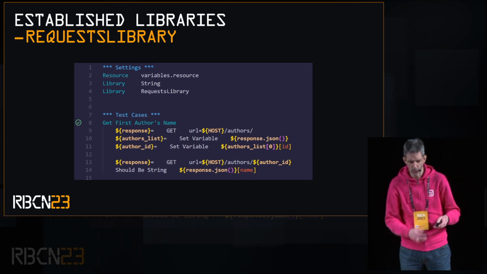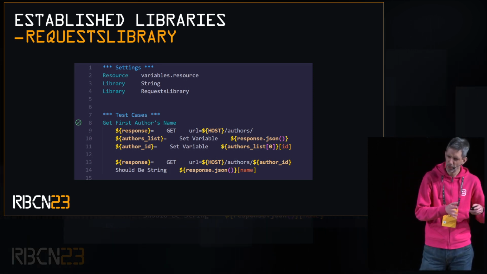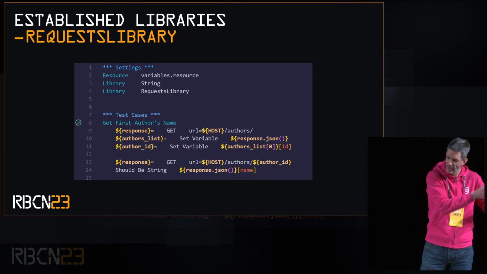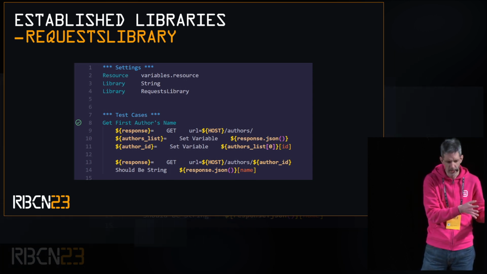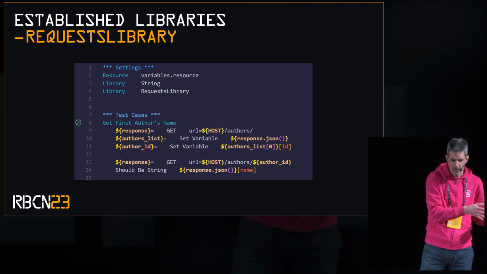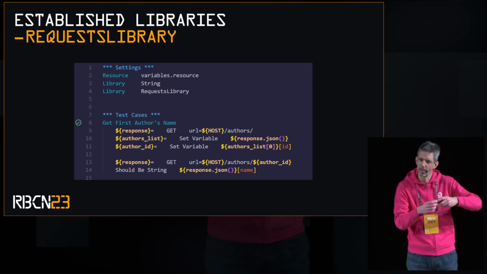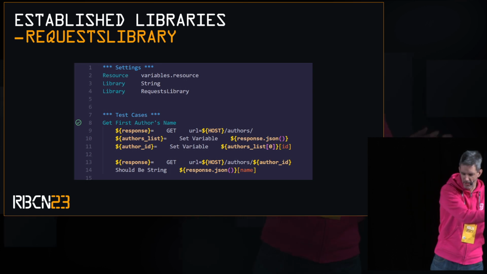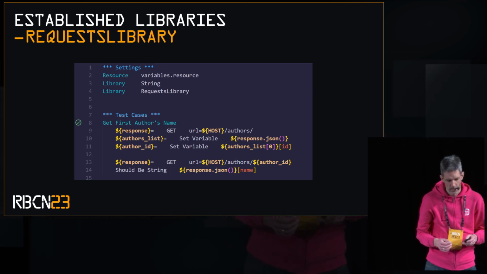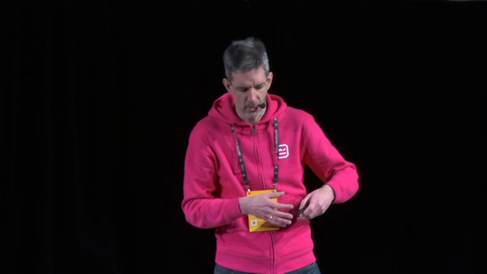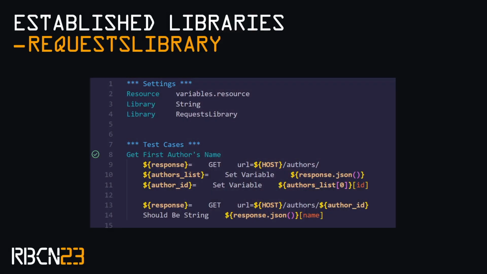That's a list. Now we need to do a JSON call on that response, which is inline Python there. Then we have a list, and we get the ID by getting the first in the list and then its ID. Then we can do another get response and check that the name in that response JSON is a string. That's a bit how it would look.